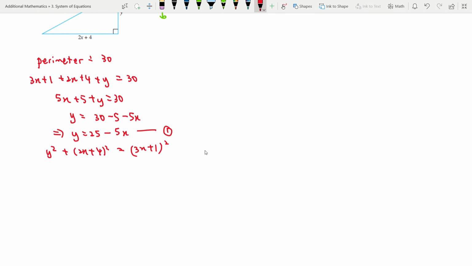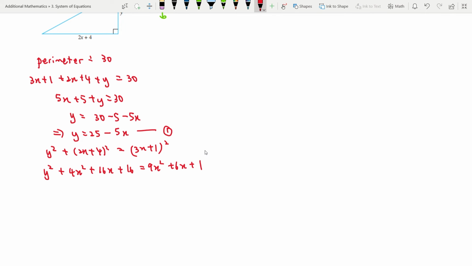Then we need to expand this equation. y squared plus 4x squared plus 16x plus 16 is equal to 9x squared plus 6x plus 1. We simplify the equation.